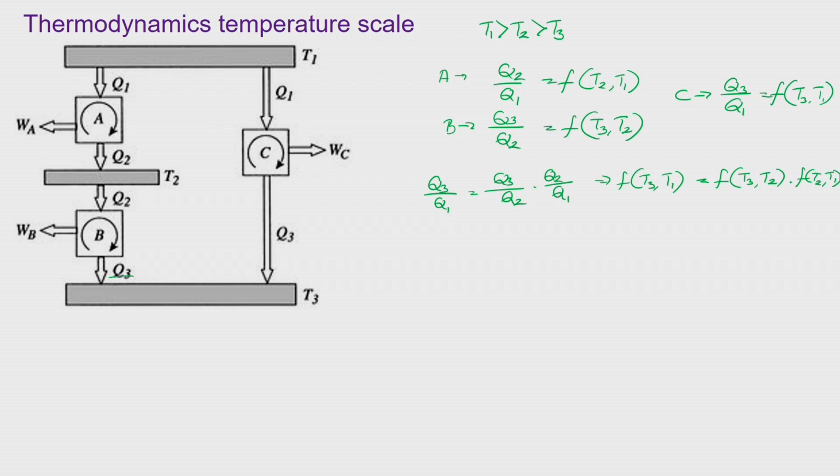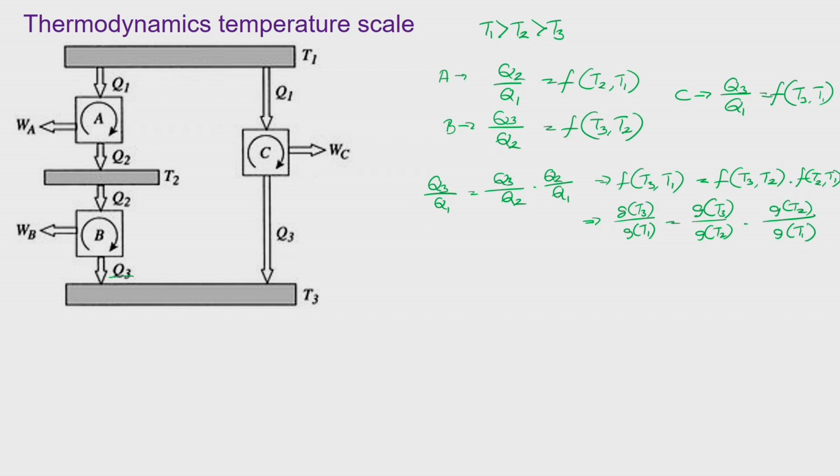That is possible only if this function f has a form something like g of T3 by g of T1 is equal to g of T3 by g of T2 into g of T2 by g of T1.